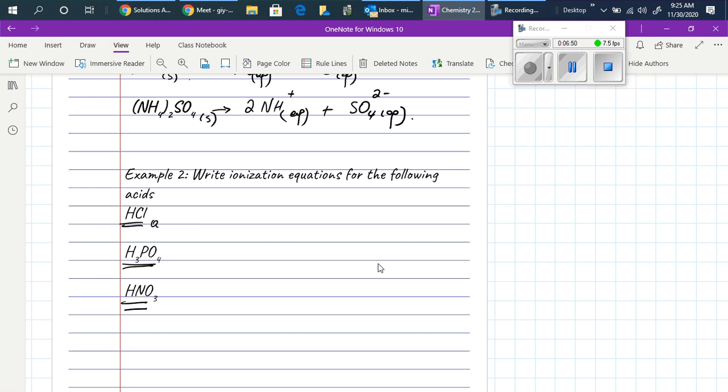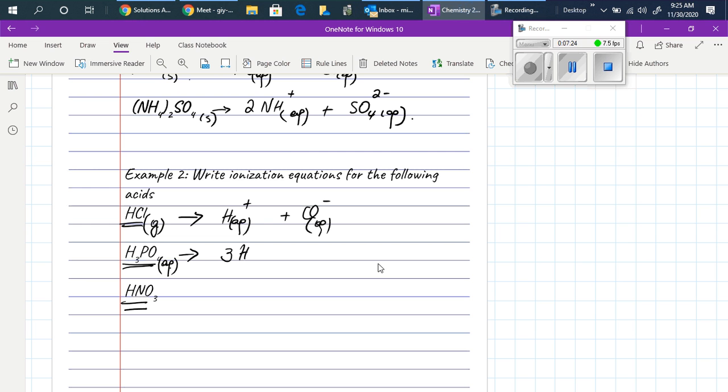Hydrochloric acid is a gas, and we are putting it into water, so this will be H+ in aqueous solution and chloride in aqueous solution as well. Phosphoric acid will be in aqueous solution. Acids usually do not stay in a solid state. They are either in gas or aqueous solution.